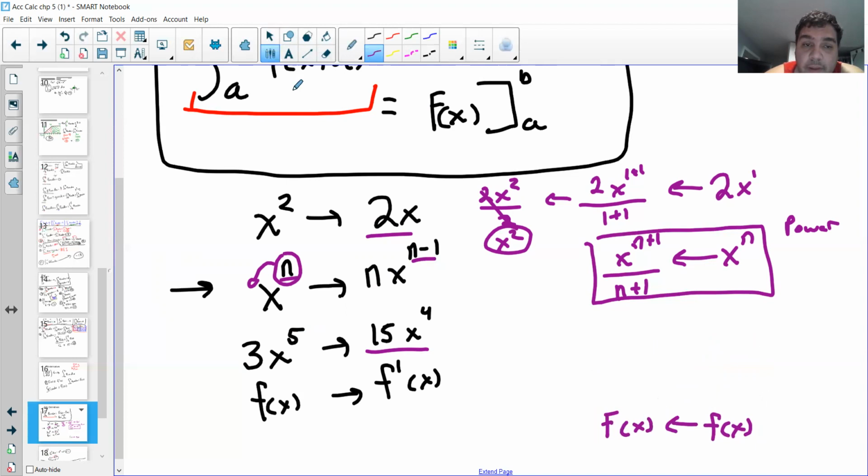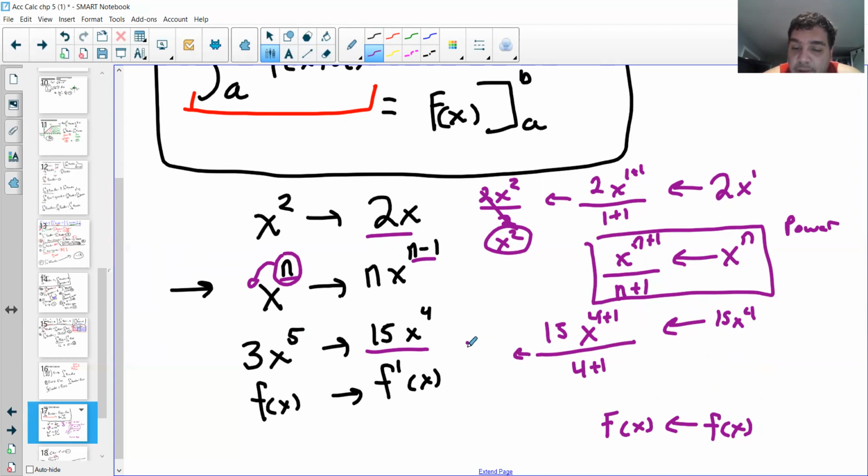Okay. The other one, where we had 15x to the fourth, we're going to go backwards now, or use the antiderivative. We're going to have x to the n plus 1, which is 4 plus 1. This was 15 divided by the n plus 1, or 4 plus 1.